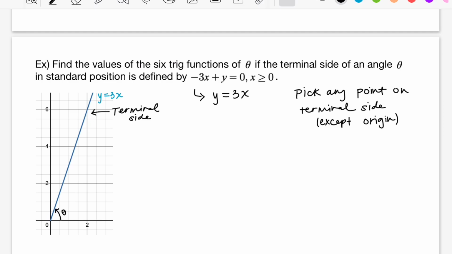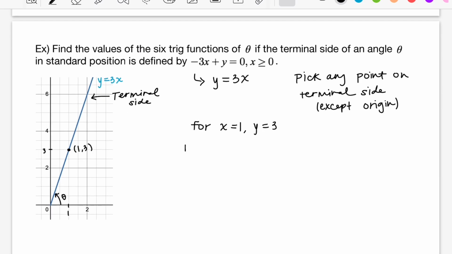If we let x be equal to 1, we see that y is going to be equal to 3. And that is, in fact, on our terminal side here. If x is equal to 1, which is right about there, y is equal to 3, which is right about here. So this is the point on our terminal side, (1, 3).